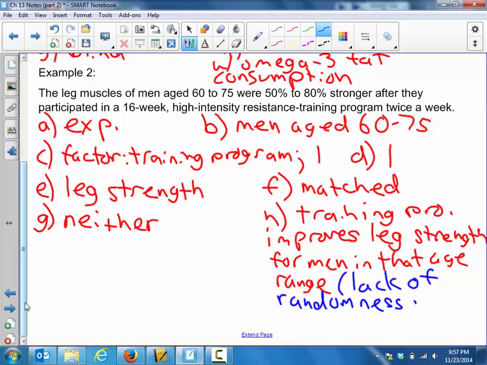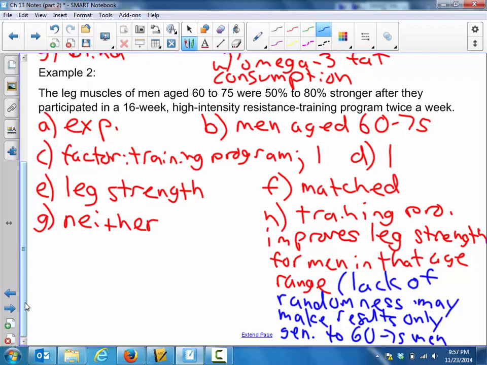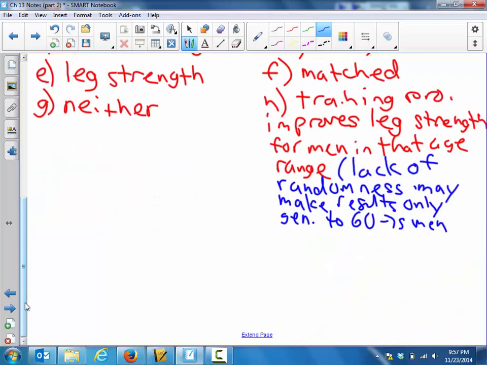I would add this exception. It may make the results only generalizable to 60 to 75-year-old men who are like the participants.